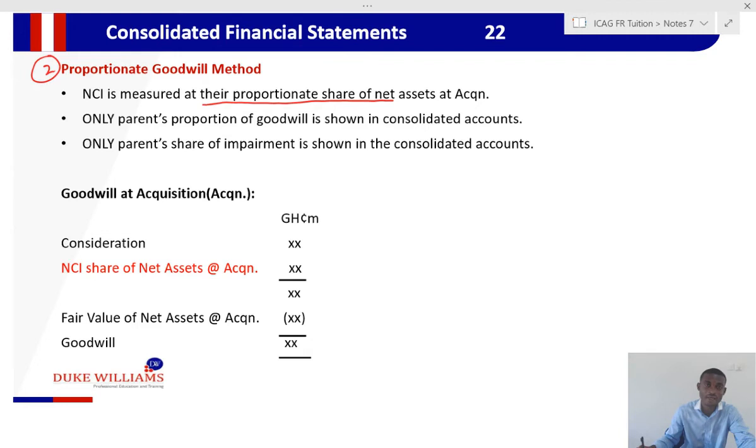The NCI do not have a share in that goodwill. Their share, we say, is outside the consolidated account. And if there is any impairment of the goodwill, it is only attributable to the parent. It is not going to be shared between the parent and the NCI. So the same pro forma, just that here we have net assets, a proportion of it to go to the NCI.